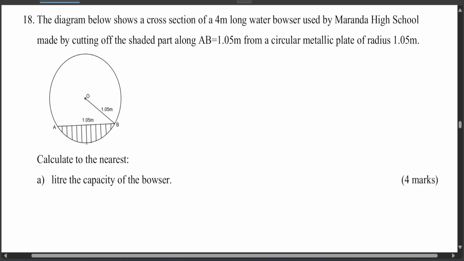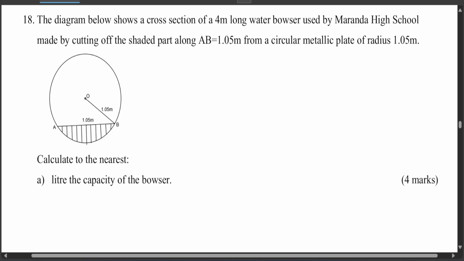The diagram below shows a cross section of a 4-meter long water bowser used by Maranda High School. So we know that it has a radius of 1.05 and the AB distance is 1.05. Calculate to the nearest liter the capacity of the bowser.